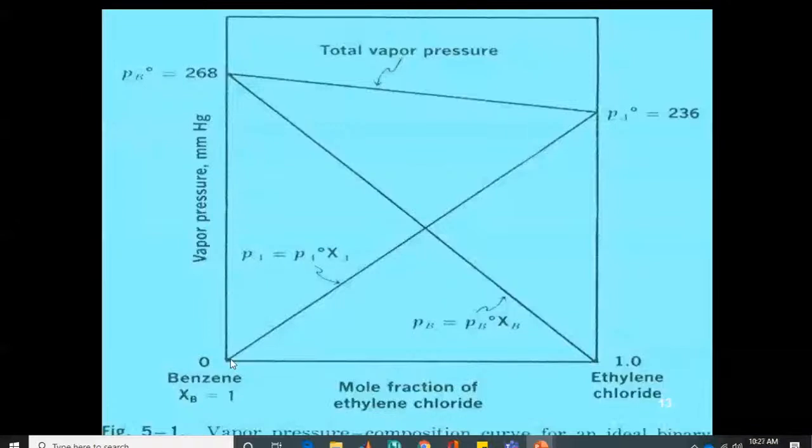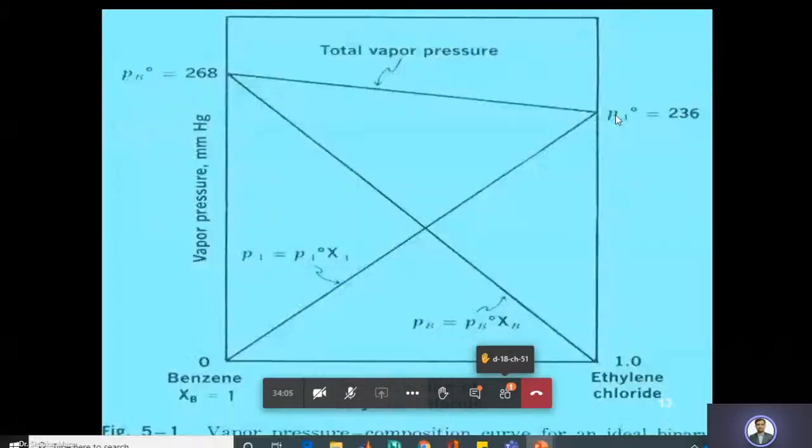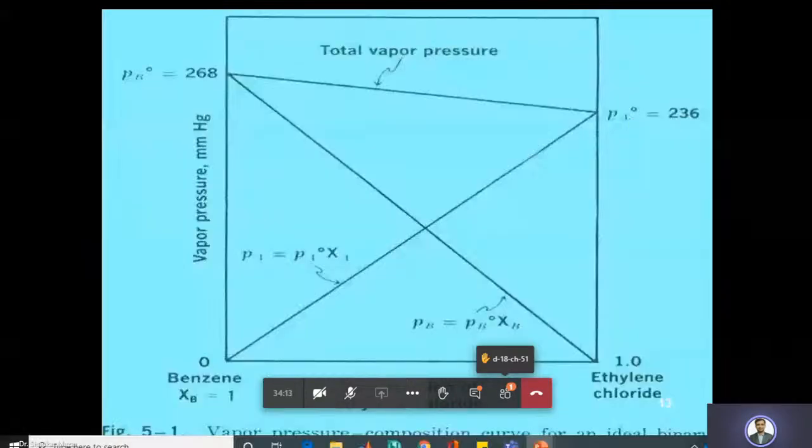If we are going to add some mole fraction to A, you see in this graph it goes up till this position, which is the maximum partial pressure of component A in the pure state. Here also you can see that's P°A, which is showing the vapor pressure in the pure state. We cannot say it's a partial pressure actually.